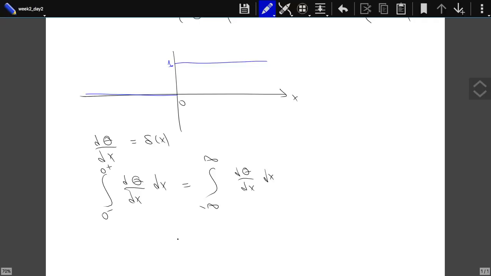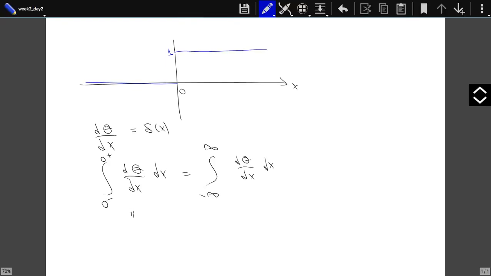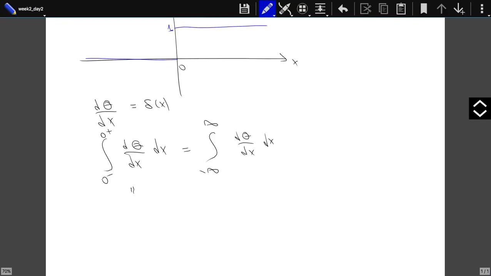And this is equal to, well, we are talking about the integral of a derivative of a function, but that is nothing but the difference of the values of the function at the two limits. Right? So this is the value of theta at the point 0 plus minus the value of theta at the point 0 minus.